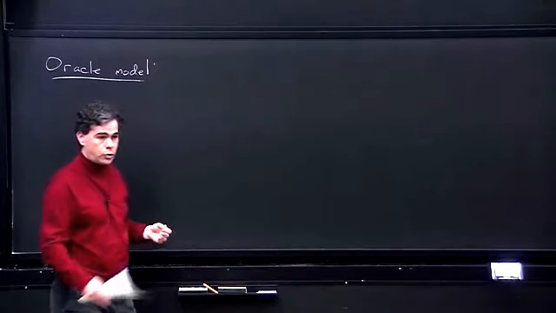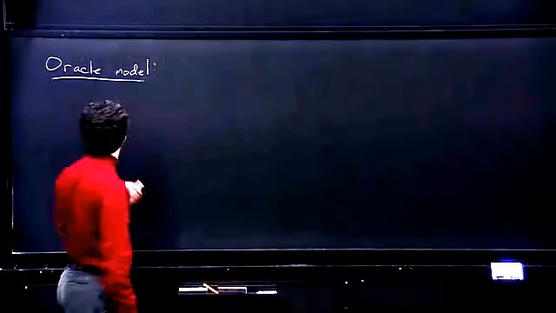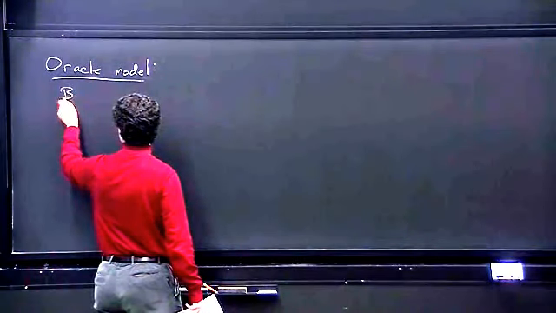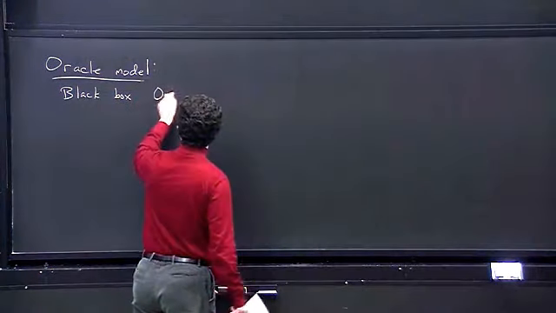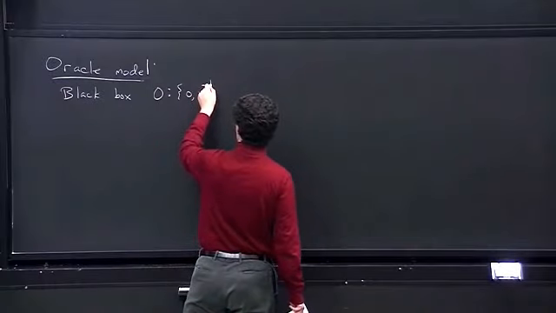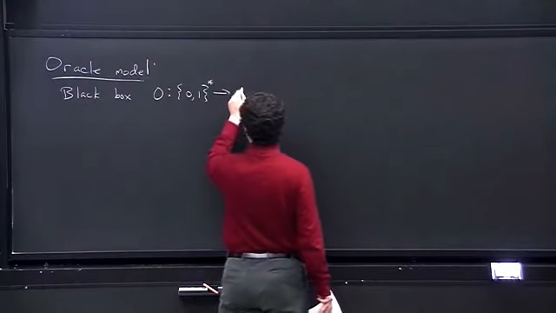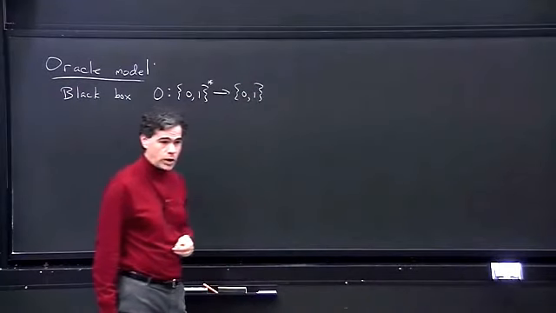So an oracle is basically a black box function. The oracle is going to take some input, and it generally, though it doesn't have to, gives a 1-bit output.